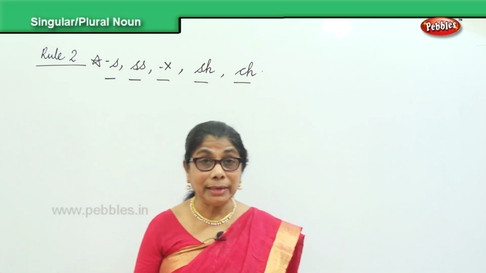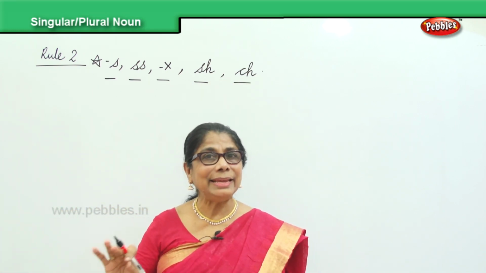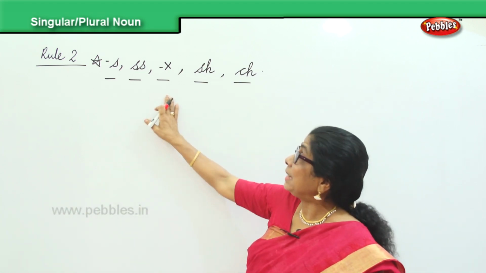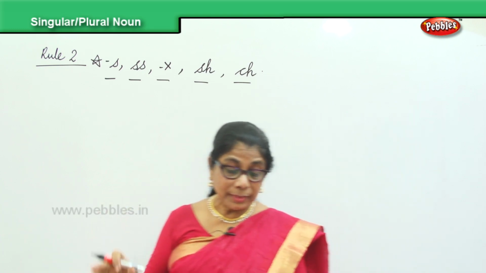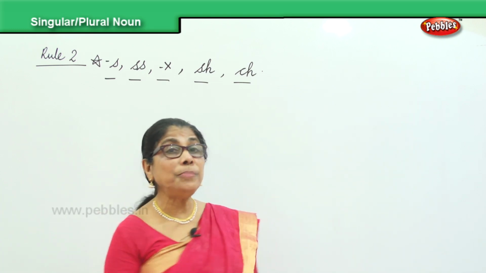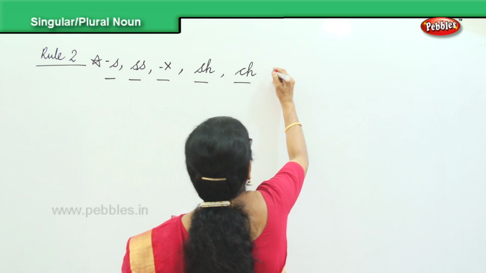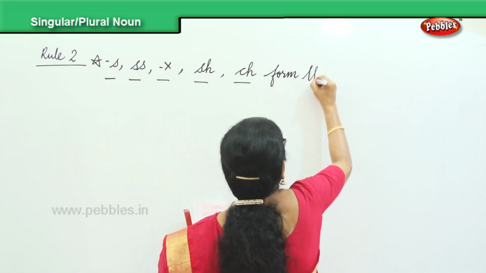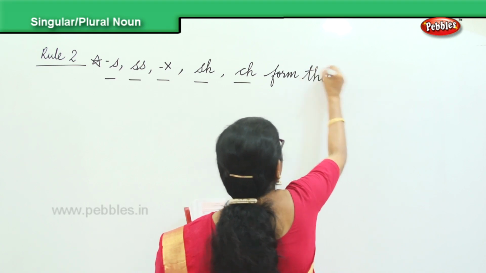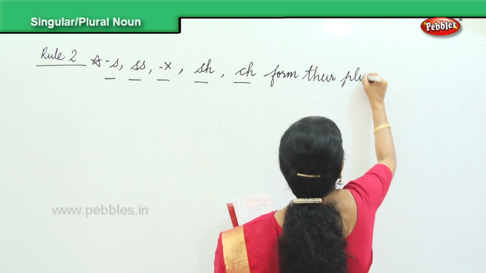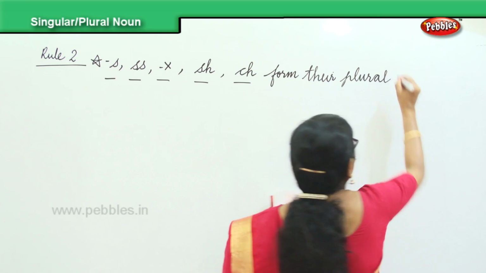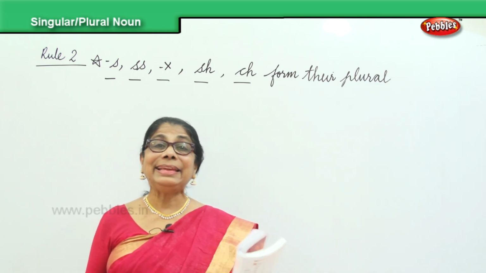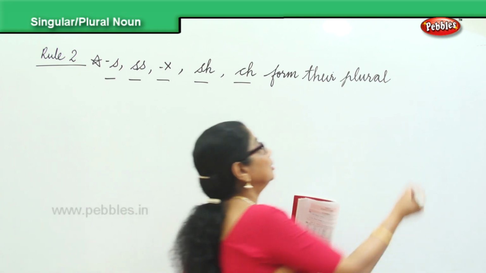The rule 2 is all nouns ending in s, ss, x, sh and ch form their plural. How will they form their plural? By adding es to the singular.